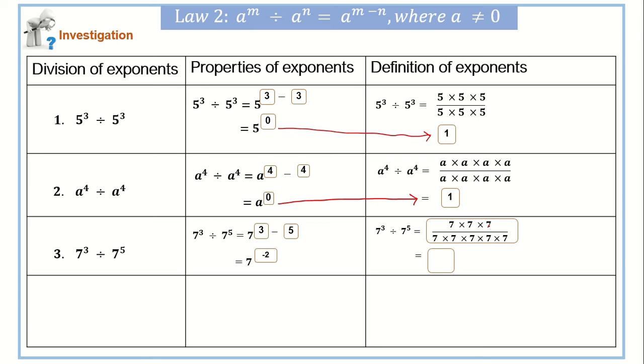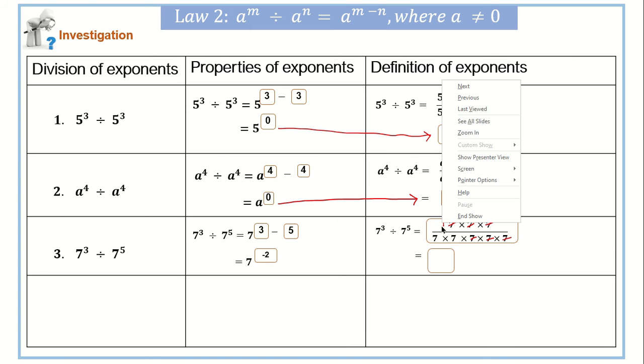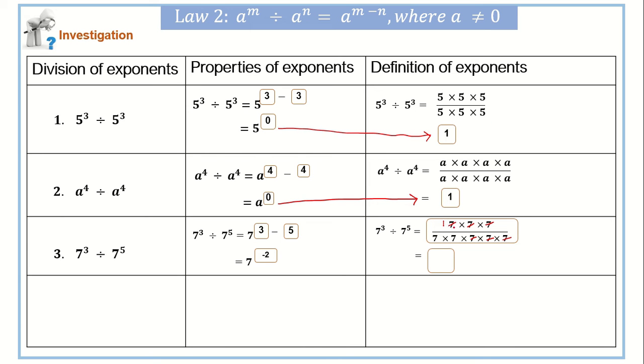divide this 7 by this 7 to get 1, this 7 by this 7 to get 1, this 7 by this 7 to get 1. Now we are remaining with 1 out of 7 times 7. This is the same as 1 out of 7 squared.